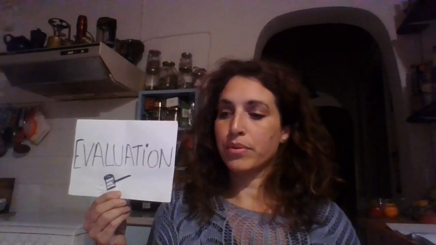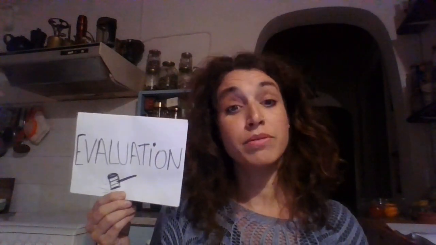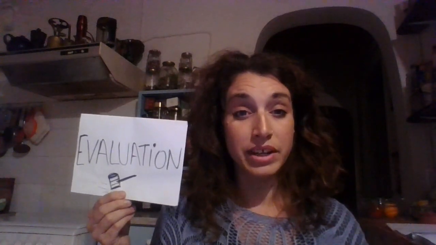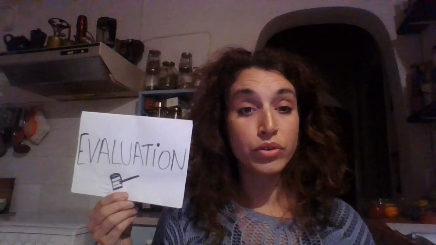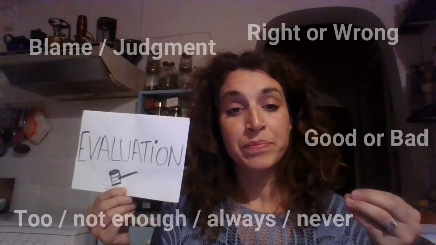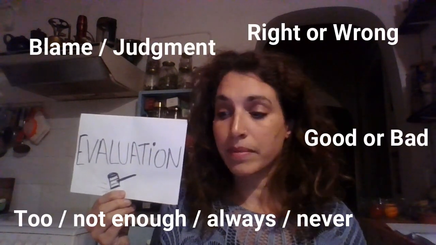For example, one evaluation I could have could be, you never do the dishes. That's an evaluation. I'm evaluating whether the other person does the dishes or not. If I say never, then I'm evaluating how often they do the dishes.